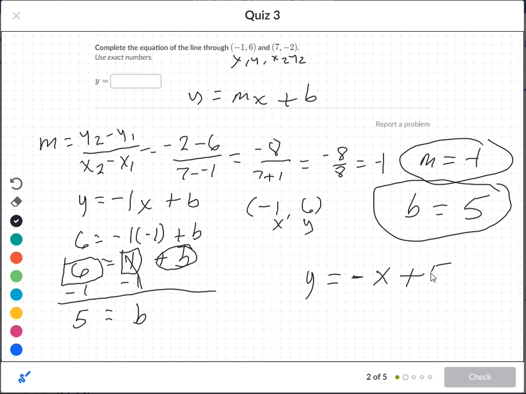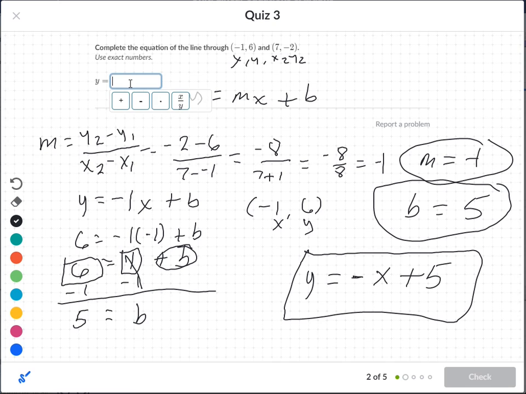And the b is actually 5. So this should be our equation. The first thing we did was find the slope, and then we plugged in one of the points to solve for the b. So I'm going to go negative x, then plus 5.